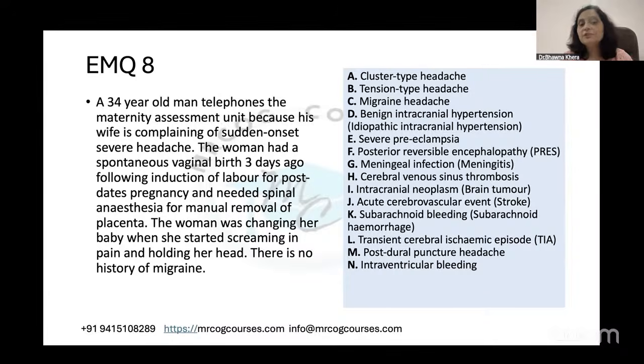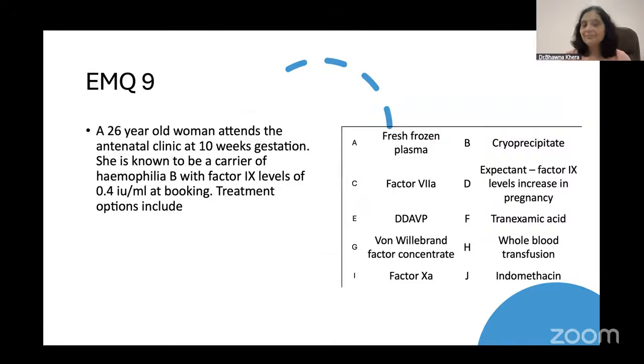Those who answered post-dural puncture headache, let me point out that the woman had a spontaneous vaginal birth, so we are not expecting post-dural puncture headache in this patient. So M is not the correct answer. And it is not CVT, because CVT headache is gradual in onset. This is sudden and severe. So it is subarachnoid hemorrhage, right? Sudden subarachnoid, S for S. So remember it like that.